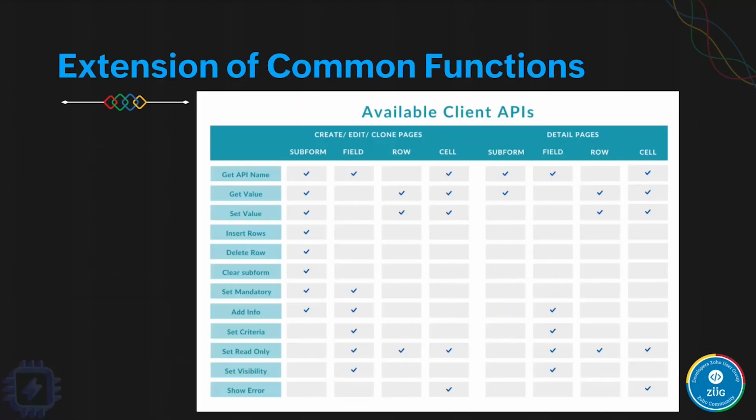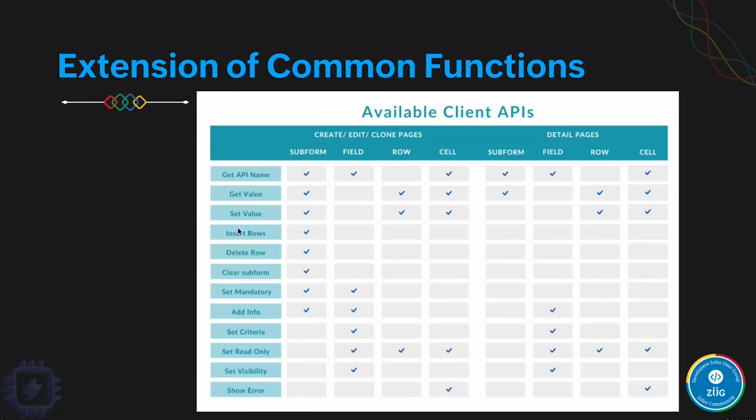There are a lot of common functions, like I said. Each field has its own set of client script events that can be used to trigger a client script. And the subform events share a lot of those as well. For example, get API name, get value, set value, these are some things that are universal for all fields, right? And there are some APIs that are unique to subforms.